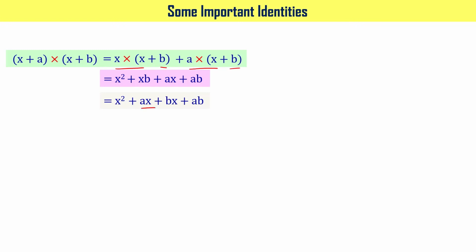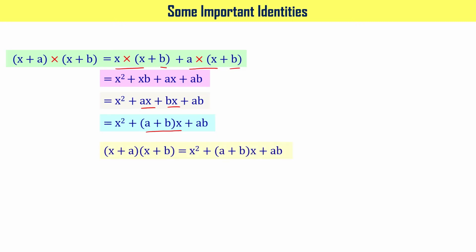These two are looking the same, ax plus bx, right? If I take x as the common factor out, I can now write it as (a plus b) times x, right? The whole expression now is going to be x square plus (a plus b) times x plus ab. Let's write it now: (x plus a) times (x plus b) equal to x square plus (a plus b) times x plus ab.